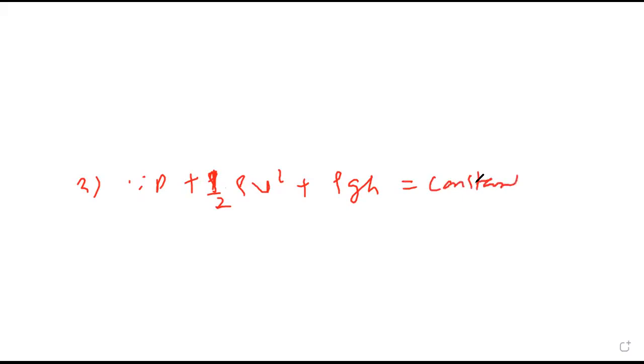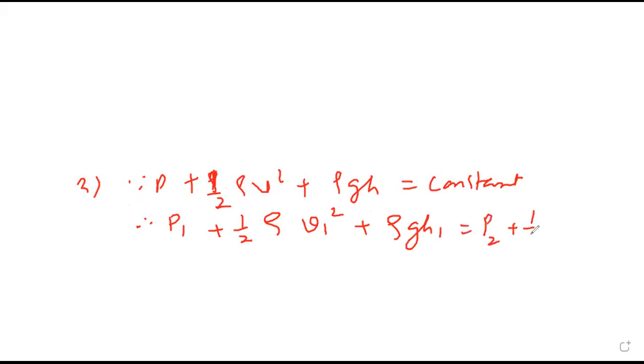Third point. Since P plus half rho V square plus rho G H is constant, we can say therefore P1 plus half rho V1 square plus rho G H1 is P2 plus half rho V2 square plus rho G H2.